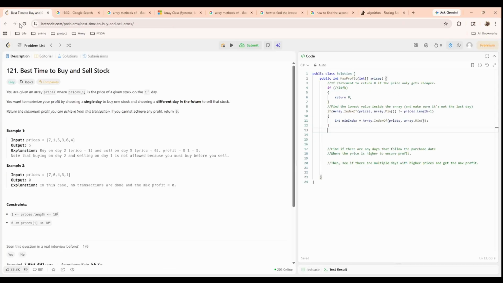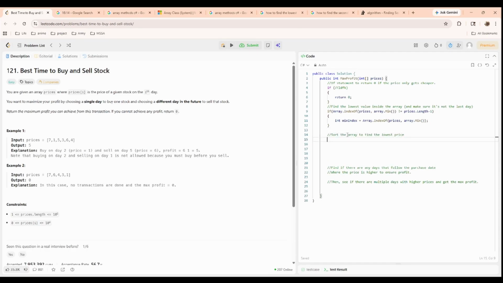I feel like the naive way, if I don't know how to do this, would be to sort the array. Okay, let me just write out everything. Sort the array to find the lowest price. Then go back to the original array to see where that's at.